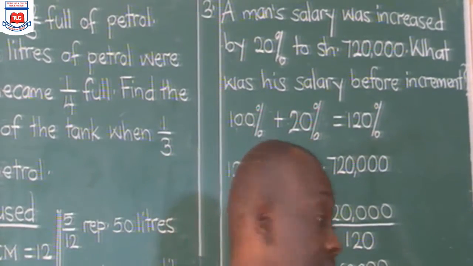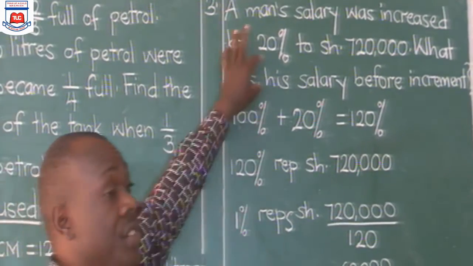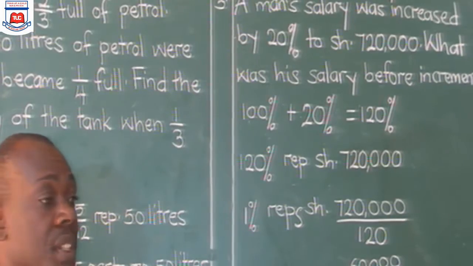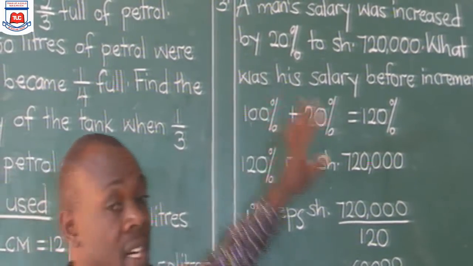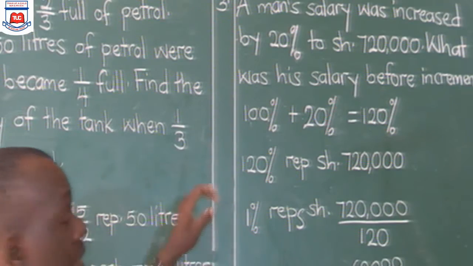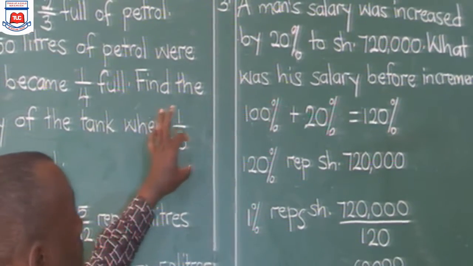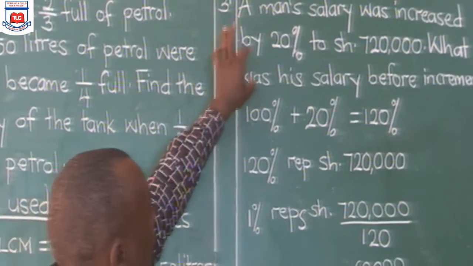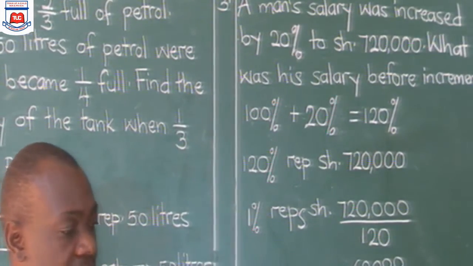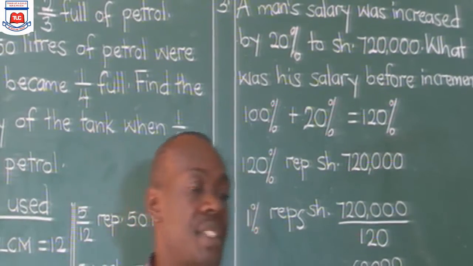We shall learn that percentages are also fractions. When you take 20%, for example, as a fraction, it is 20 out of 100. So it is another indirect fraction, by saying percent. Being that the man's salary was increased by 20%, what's the meaning of the word increase?